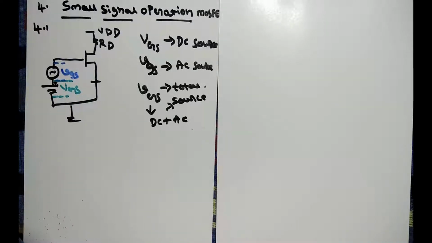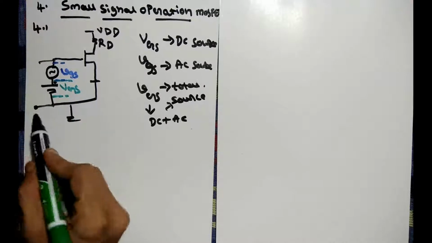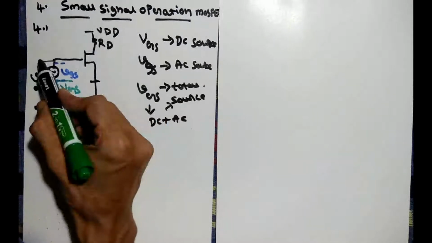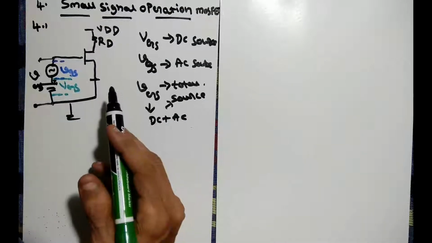All together, whatever signal we get from here to here, we call small v capital GS. So this is the total signal. This is how we can represent the voltage source.